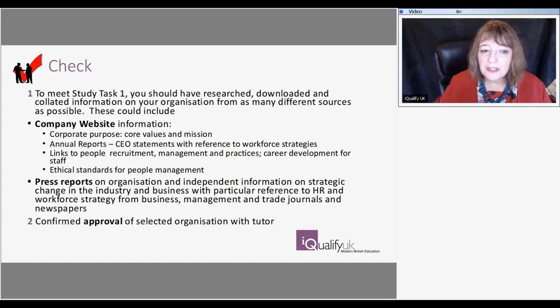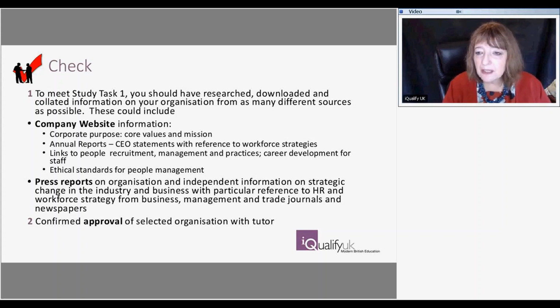So just as a quick checklist, what you needed to have done was to have researched, downloaded and collated information on your choice of organisation from as many different sources as possible.